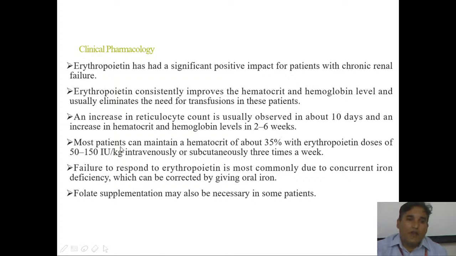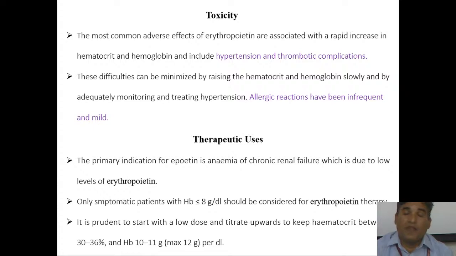Most patients can maintain a hematocrit of about 30% with an erythropoietin dose of 50 to 150 international units per kg intravenously. Failure to respond to erythropoietin is commonly due to concurrent iron deficiency. So during erythropoietin therapy, iron supplement should be ensured and folate supplement may be given.